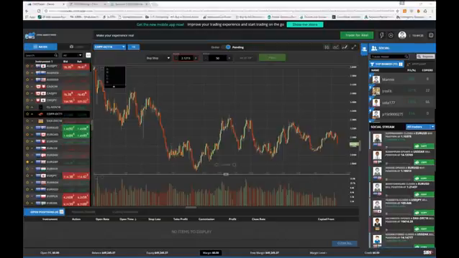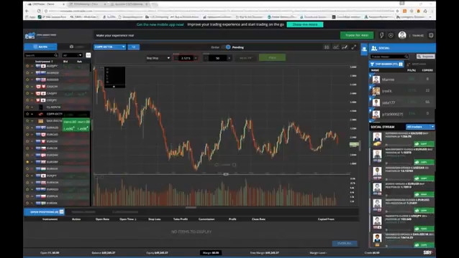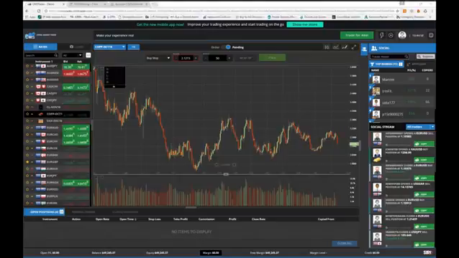Thomas, one more question here. You are asking basically about the shorter you trade, the smaller the candlestick pattern to follow. I'm not sure I understand the question 100%, but no, it's not necessarily that your shorter time frame means a smaller candlestick pattern to follow. You could have large candlesticks and still be in a short time frame.